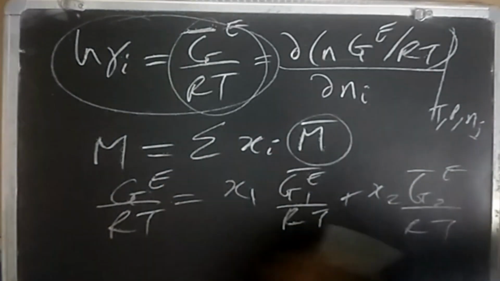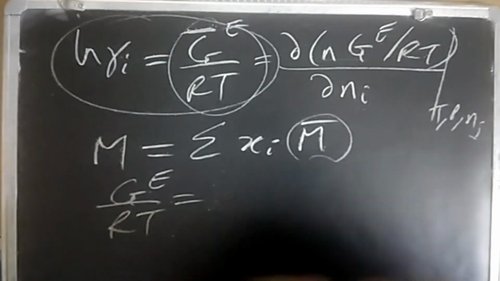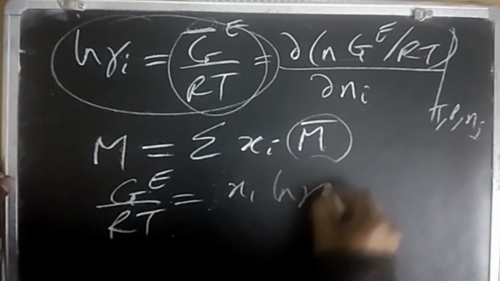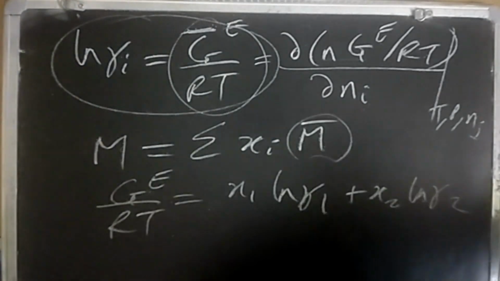Instead of writing Ge by RT bar, we can write ln gamma. So x1 ln gamma 1 plus x2 ln gamma 2. This is very important, that ln gamma i is Ge by RT.